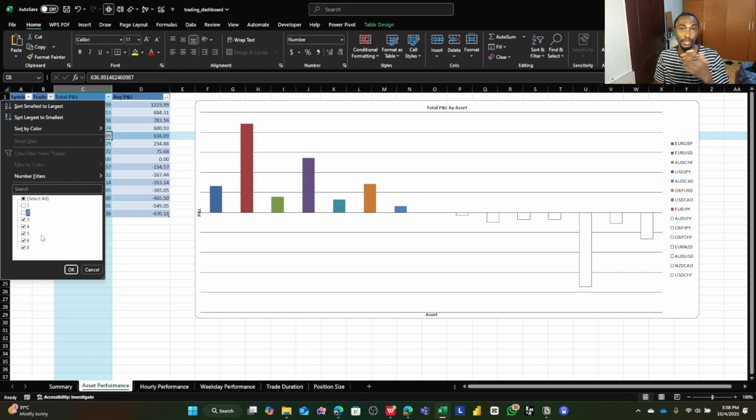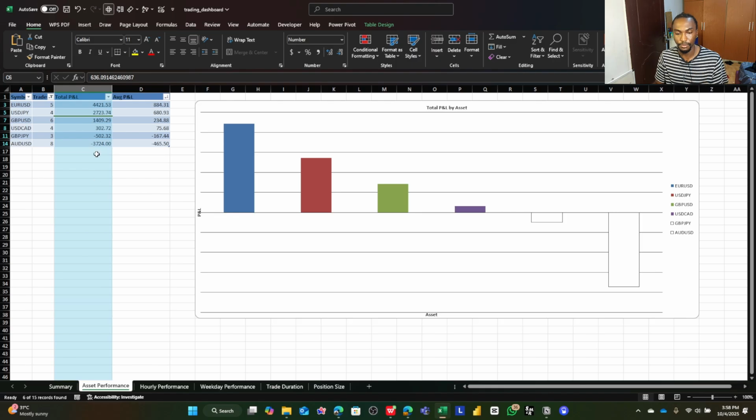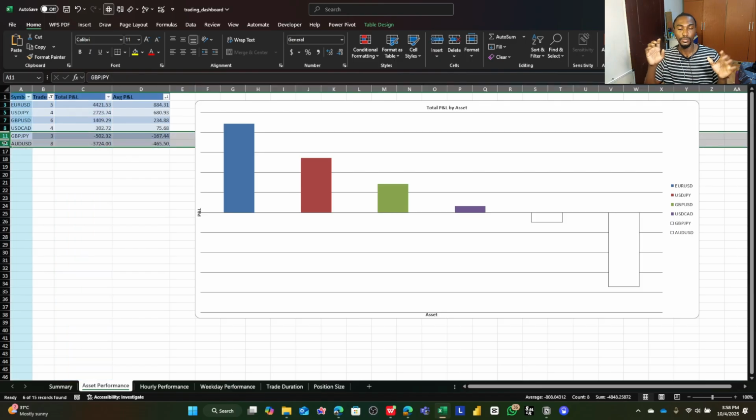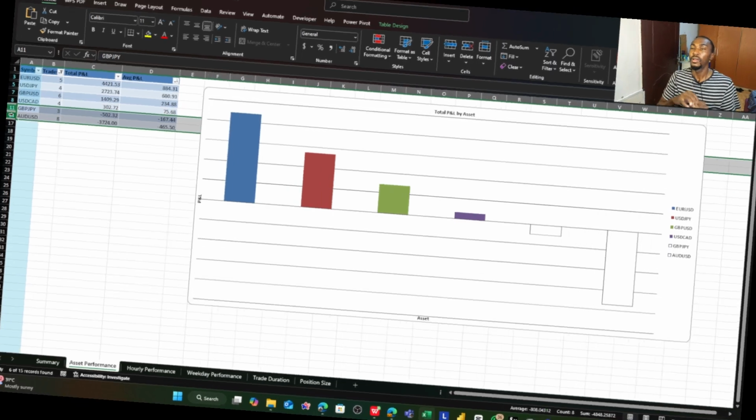I took 2 trades here, it's a lucky shot. So 3 and above. And at 3 and above, what you notice is there are only 2 pairs here that are a total flop: the British pound, Japanese yen, and the Australian dollar, US dollar. Matter of fact, the Australian dollar, US dollar is by far the worst thing I have ever laid my hands on. The worst. While the Euro US dollar sits on top.